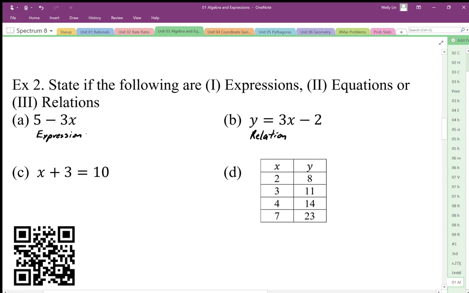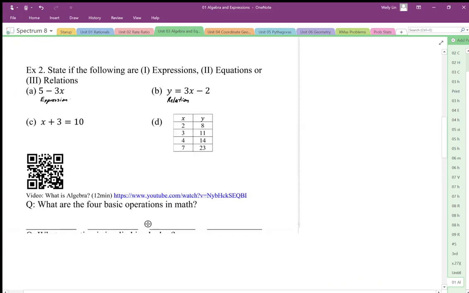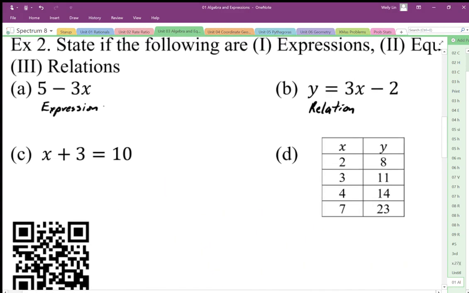Here, this is an x in an equation, and this x can take on a specific value. So this is an equation. For D, this is connecting an x to a y. As x changes, the y changes.